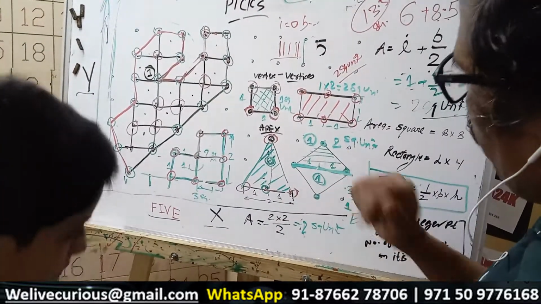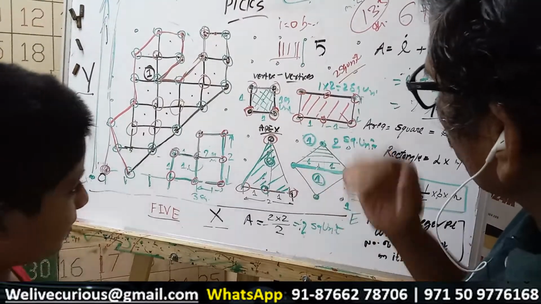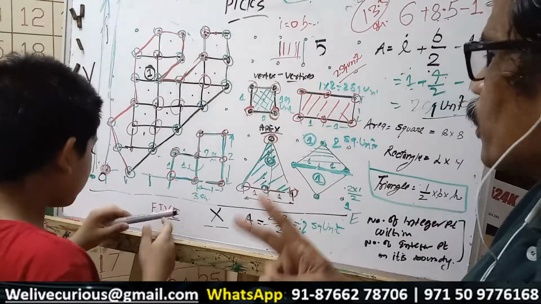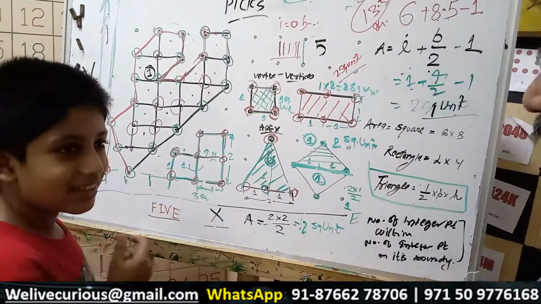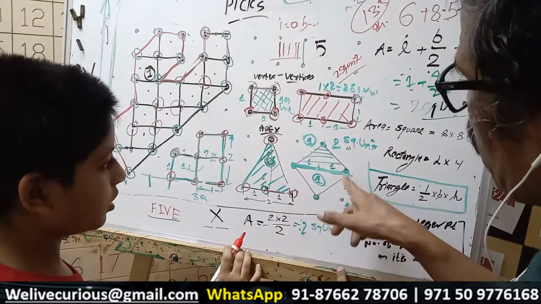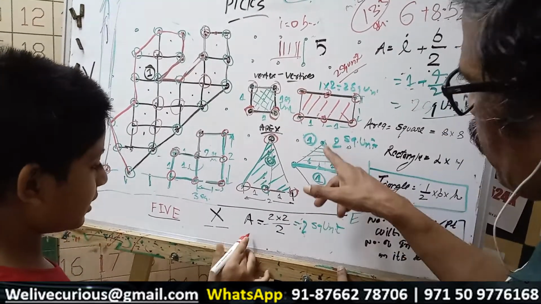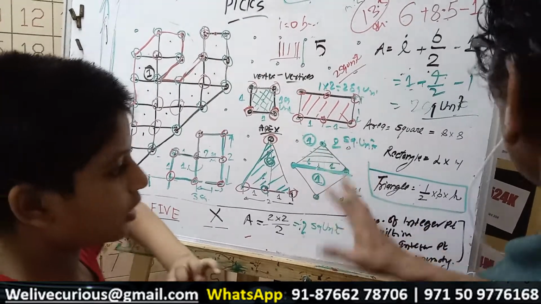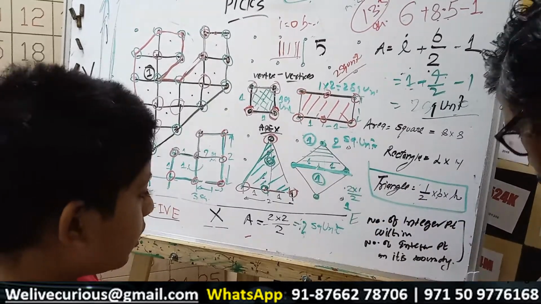Now, this diamond or kite, or what do we call it? Whatever. What was the area here? 2 square units? Yes. Let us check it again. Base multiply height. Base is 2, height is 1. 2 multiply 1 is 2. So this is 2 square units. That is certain. Now apply Pick's theorem on this.